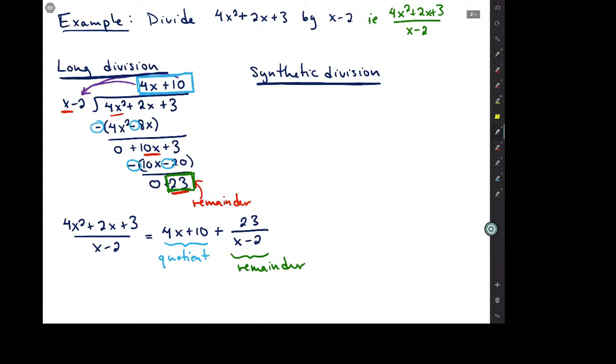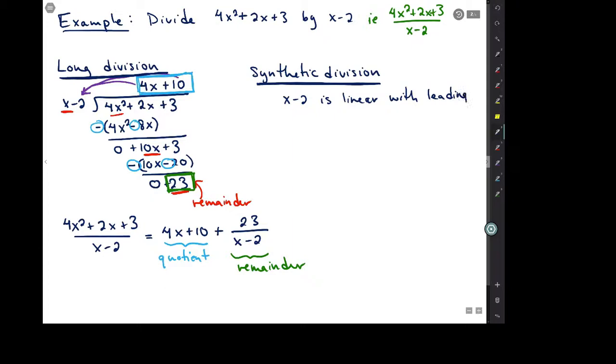Whenever I have a linear expression, so x minus 2 is linear with leading coefficient 1, that's what I need in order to use synthetic division. It's going to be of the form x minus c.